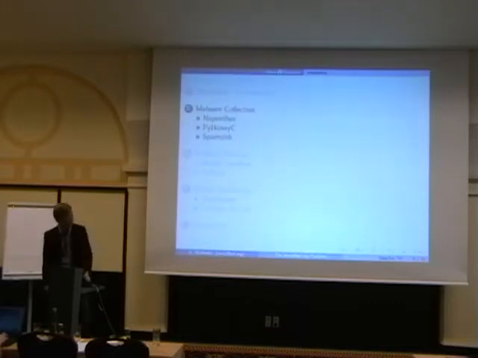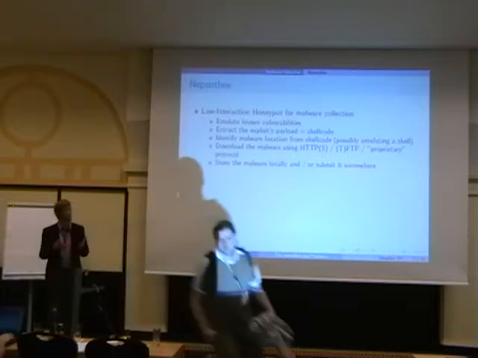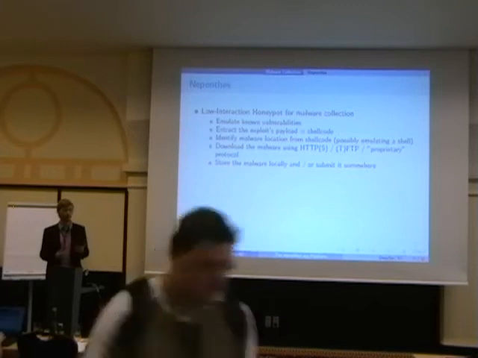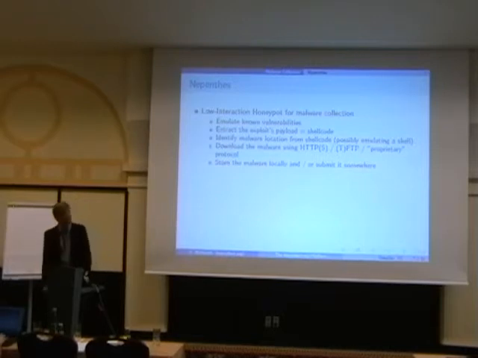The first step is the malware collection, and there are several tools to do this, and I'm going to briefly outline how they work. First of all, there's Nepenthes, a low interaction honeypot, which works by emulating known vulnerabilities. For example, we have the LSASS exploit. There are some public exploits for it, and we just look at the source of these exploits or the information about the vulnerabilities and write a module to emulate them.